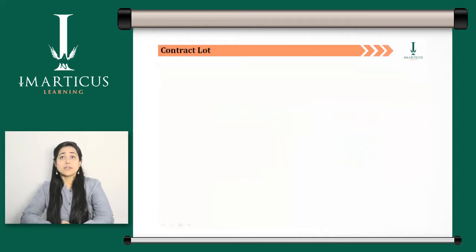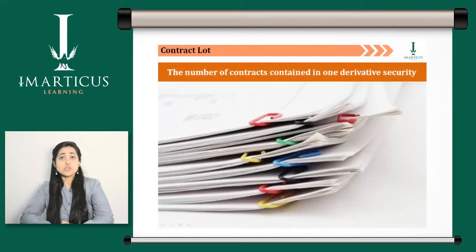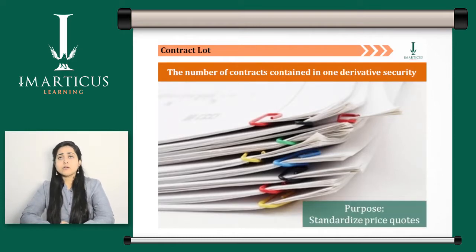Next we have contract lot, which is a term associated with options. In terms of options, a lot represents the number of contracts contained in one derivative security. The concept of lot allows the financial markets to standardize price codes. For example, equity options are priced such that each contract or lot represents exercise rights for 100 underlying shares of common stock.